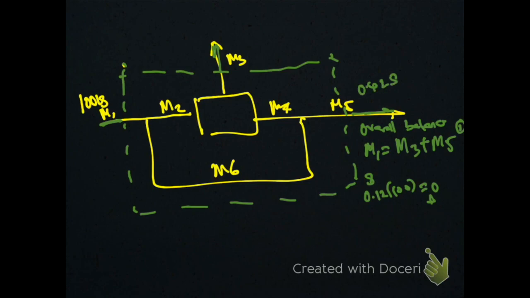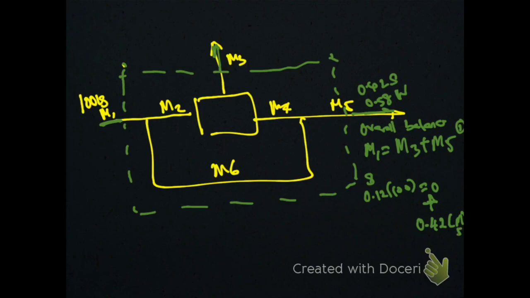So we have 0.42 solid, 0.58 water. So we have here 0.12 multiplied with 100 equals 0 plus 0.42 multiplied with M5.